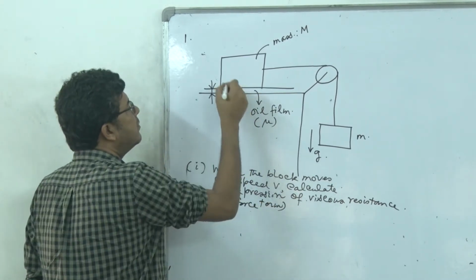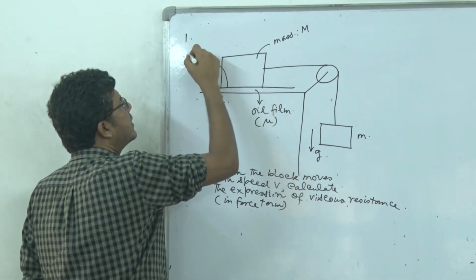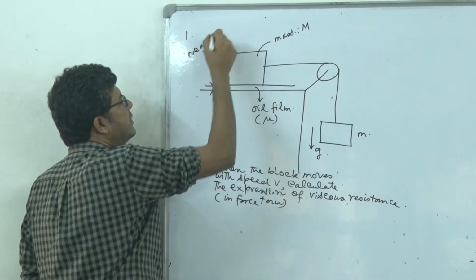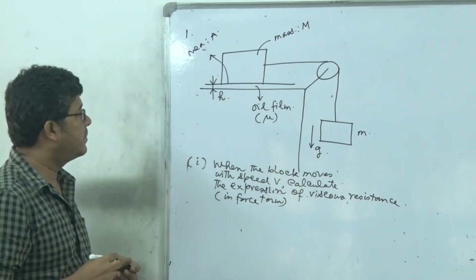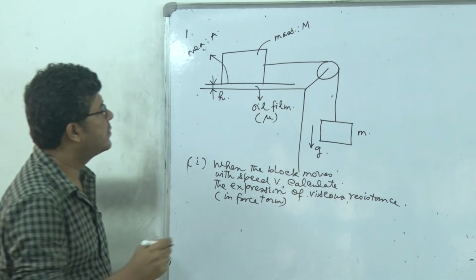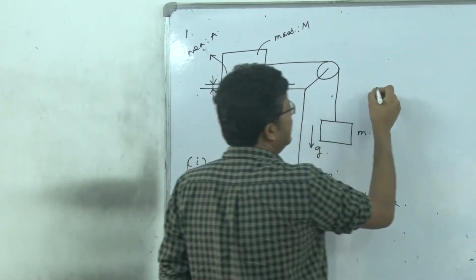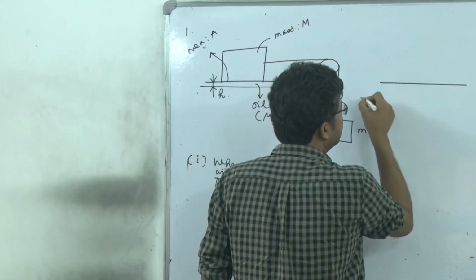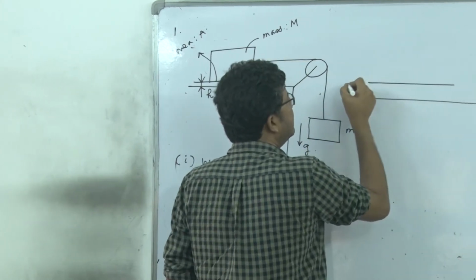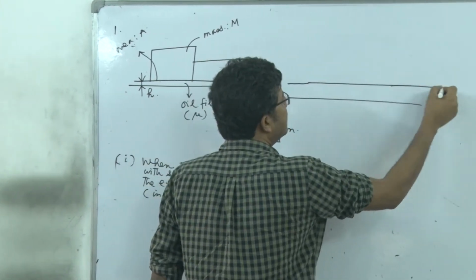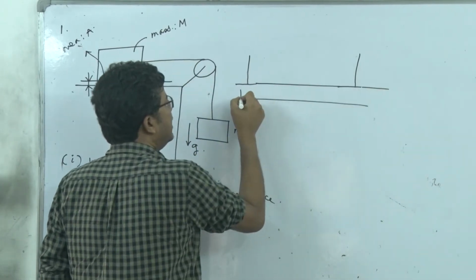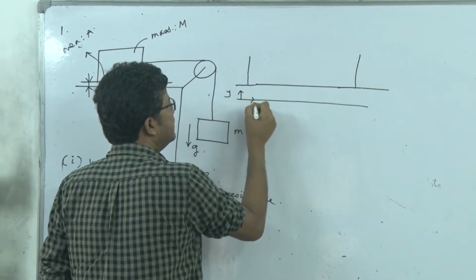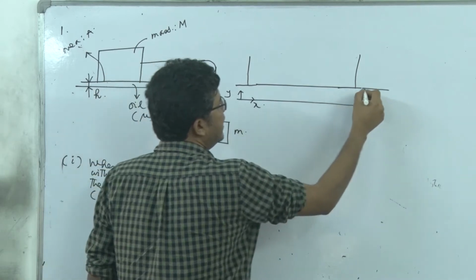The block area which is in contact with the oil is A, and that's the geometry given. Now if I elaborate this situation, this is the oil film, and here we have the block, y is the coordinate, x is the coordinate, and the height is h.